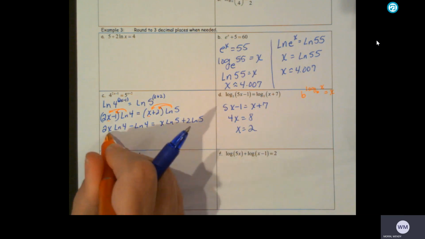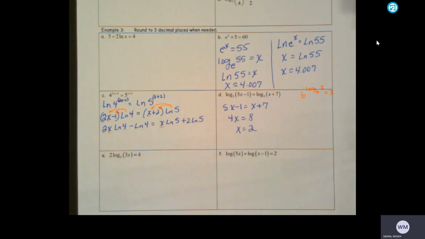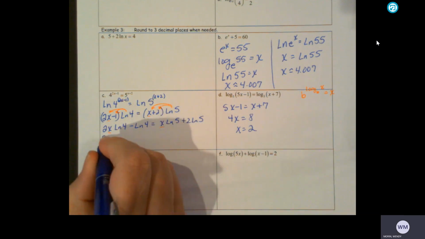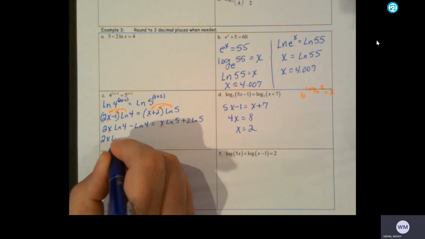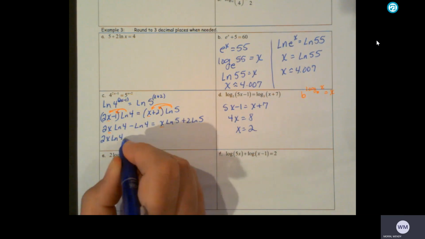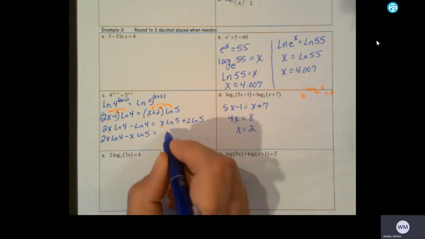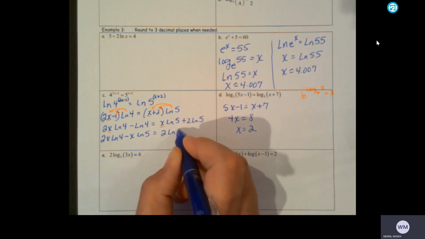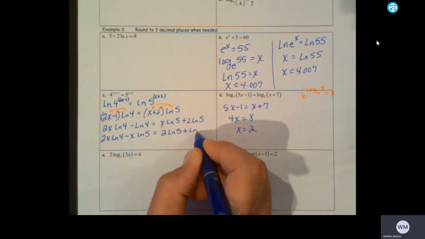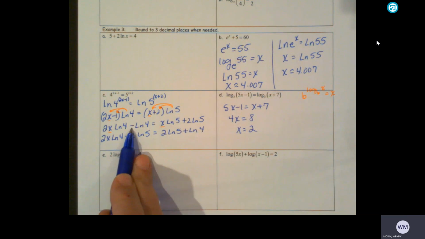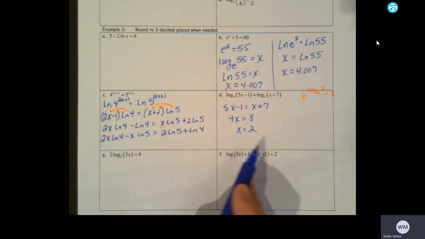Okay? Again, I'm trying to get the x by itself. I have to get them on the same side in order to get that x by itself. So I'm going to subtract the x ln of 5 from both sides, and I'm going to move the other terms to the right side. So I'm going to add ln of 4 to this side.